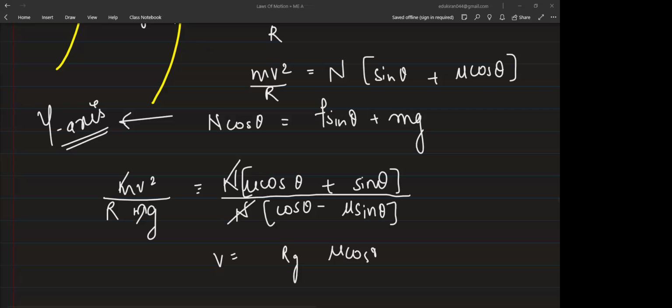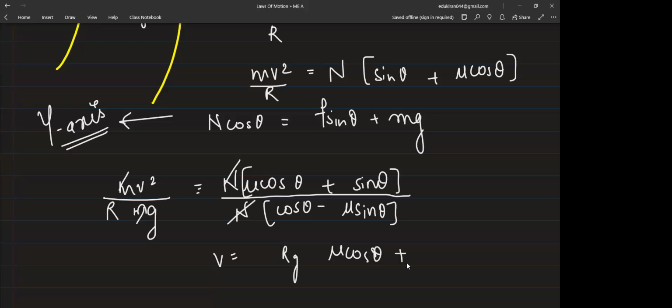Ma'am, it's v square, right? So this is not v, because I'm putting the root of the value also.